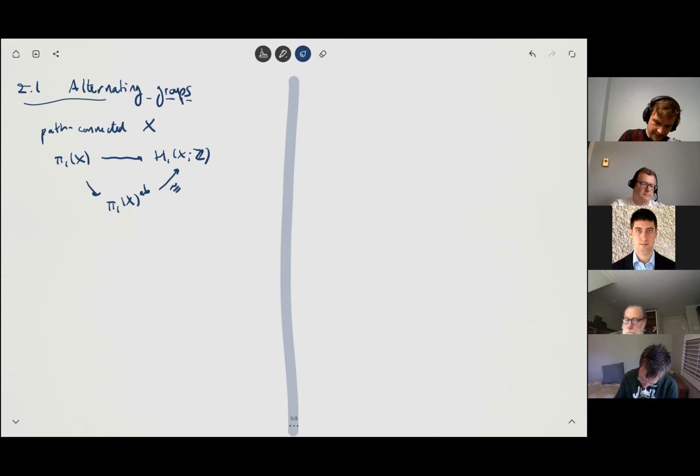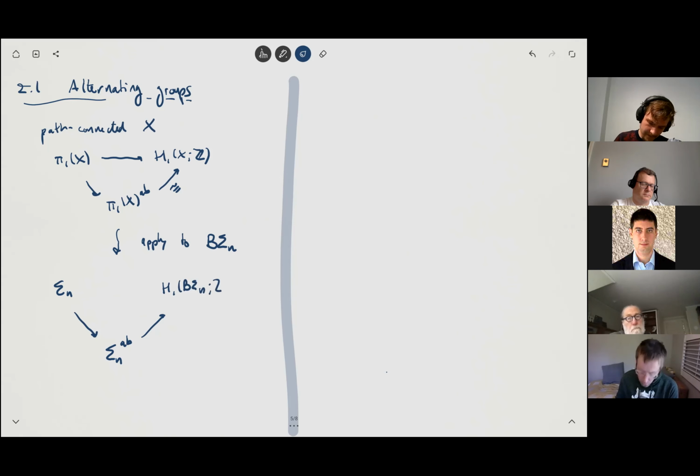Okay, so we can apply this to the classifying space of the symmetric group. So what do we get? We get that the symmetric group maps to the abelianization of the symmetric group, and then maps to the homology in degree 1 of the symmetric group.